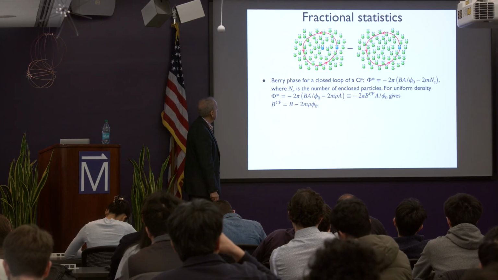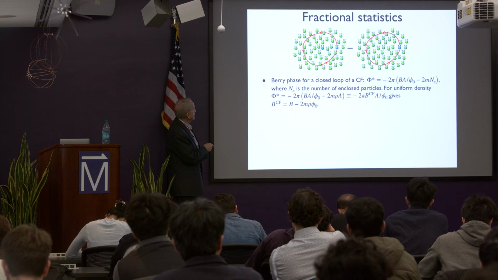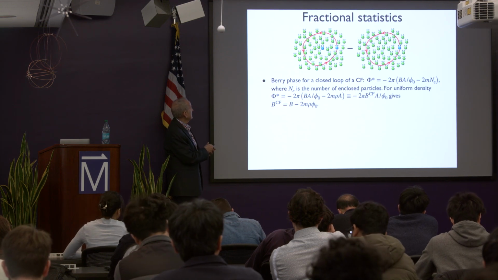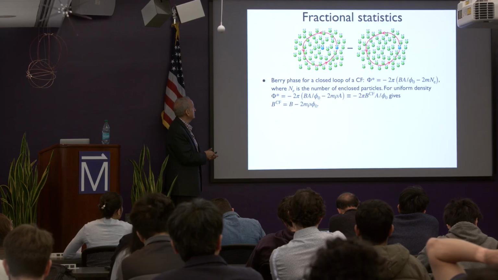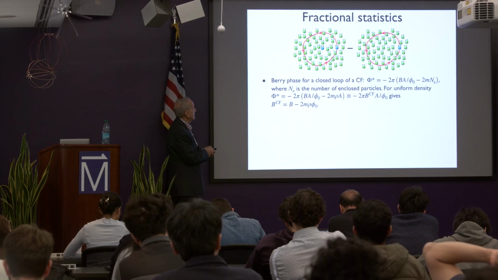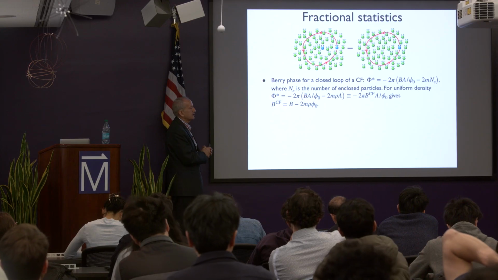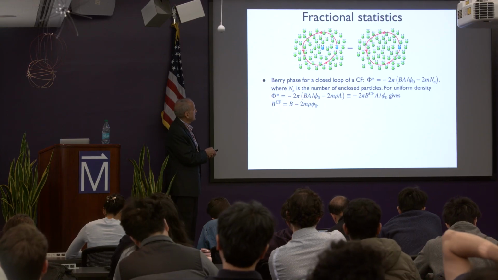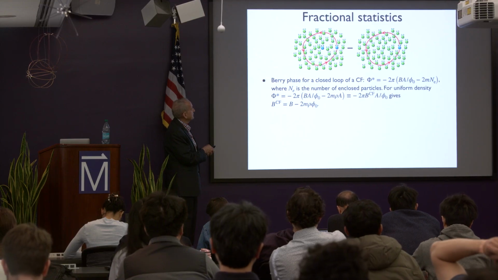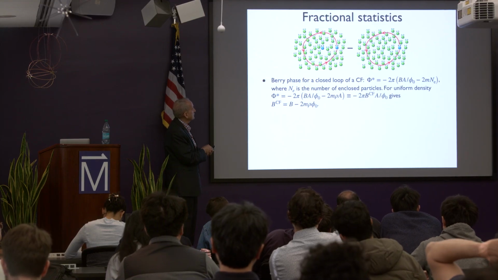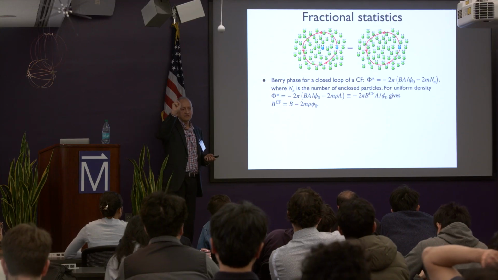So we'll do it in the following way. The Berry phase for a closed loop of a composite fermion, when you drag a composite fermion around, has 2 contributions. One is the Aharonov-Bohm phase coming from the electron. The other is the Berry phase coming because there are these vortices which are going around, and when you take a vortex around an electron, it gives you a phase of 2 pi.